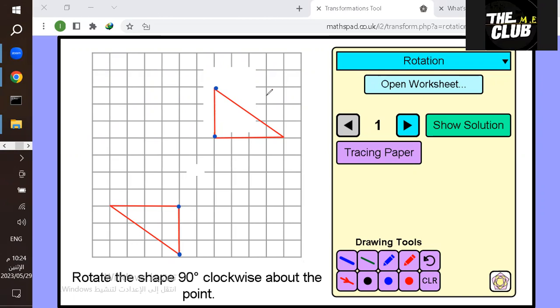But I want to know which point is the friend of the other one. What do we call them? We don't call them friends. Two points, the same point on different shapes. What do we call them?